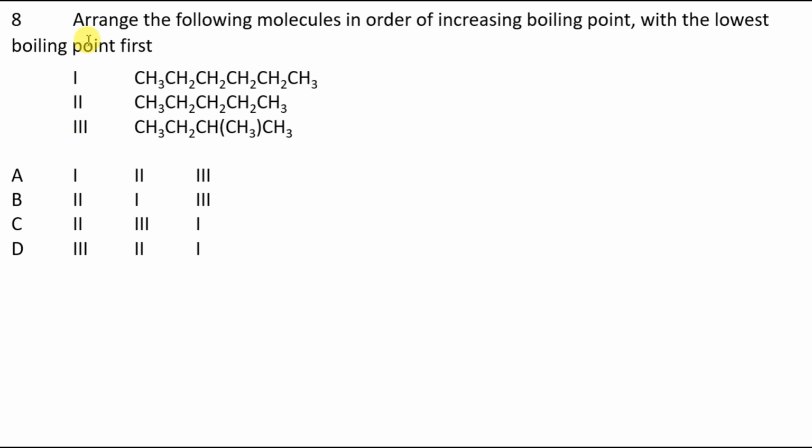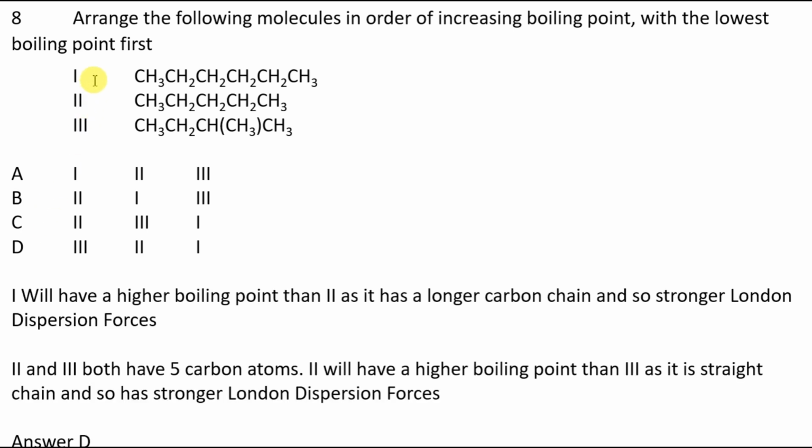Last, arrange the following molecules in order of increasing boiling point with the lowest boiling point first. First option will have a higher boiling point than the second option, as it has a longer carbon chain, so stronger London dispersion forces.